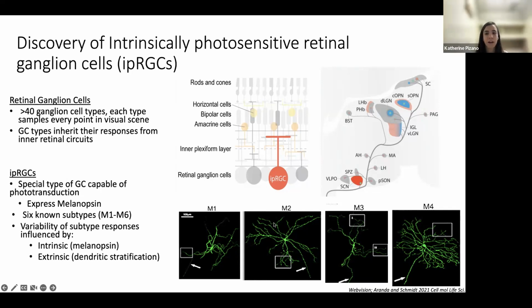Now, in addition, ipRGCs project to several anatomically distinct brain regions that regulate different types of behavior. And today we will discuss how ipRGC projections to the SCN and PHb can affect some of the things I've mentioned.